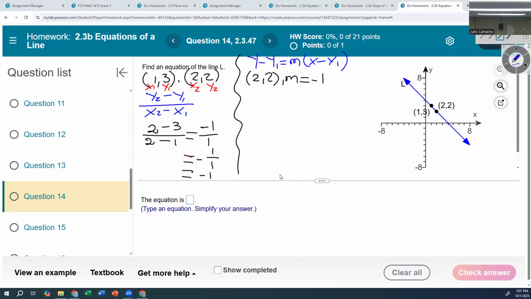That was your slope, negative 1. So let's plot my equation, but before that, let's label. Always we label. 2 is your x1 and 2 will be your y1, and your slope is negative 1.